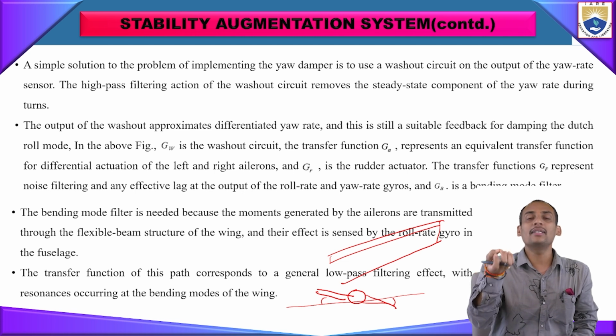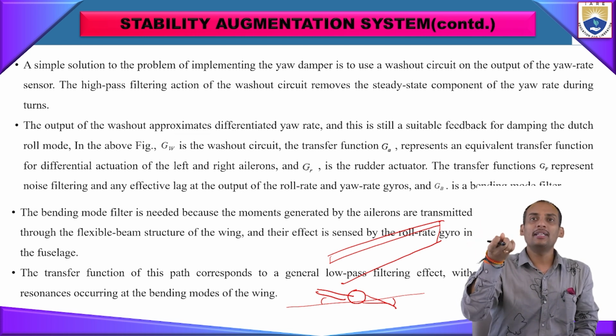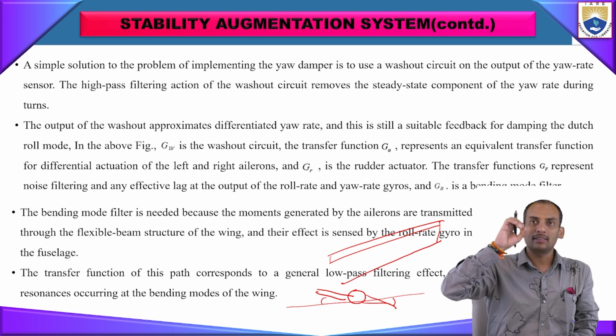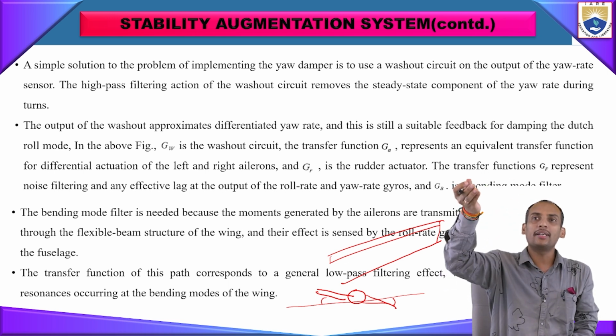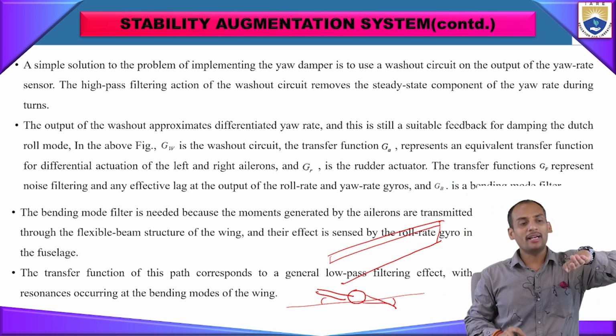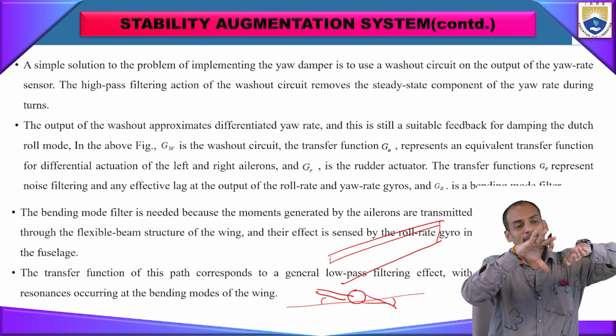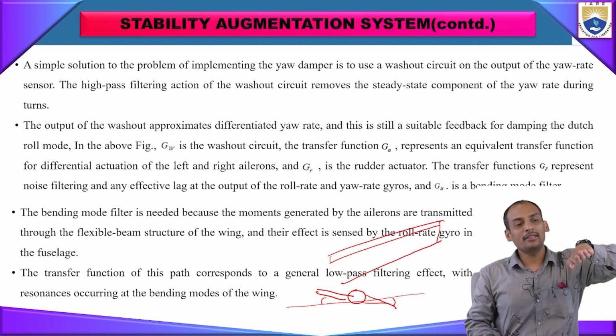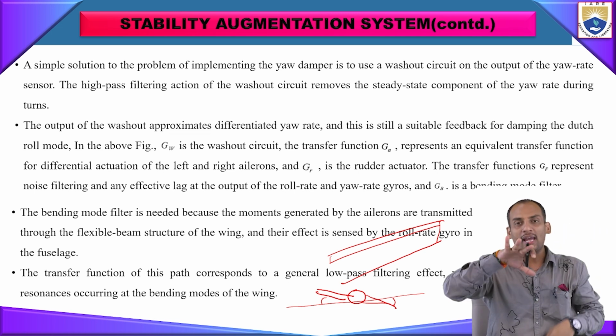It is like a sensor only. That sensor will sense the bending effect, and it will give its output to the roll rate gyro also. Whenever it is banking, the fuselage rate gyro will also be automatically compensated, so that the total aircraft will be banked like that.